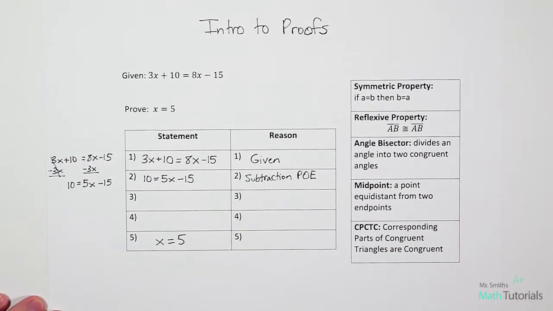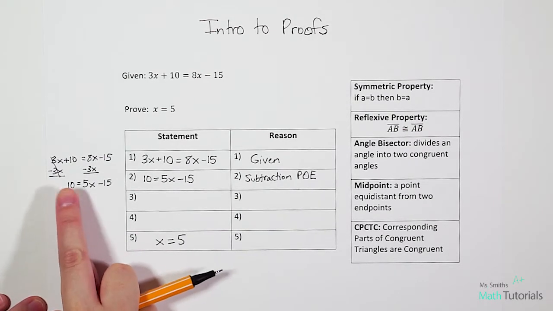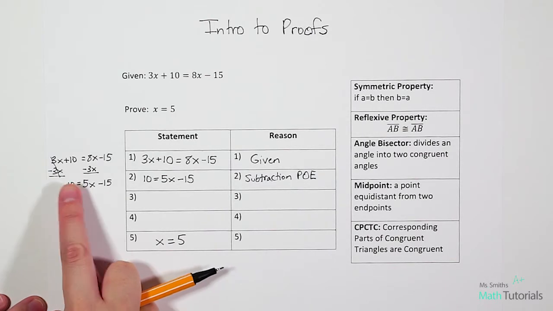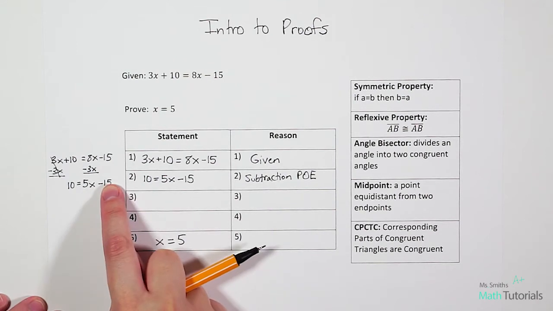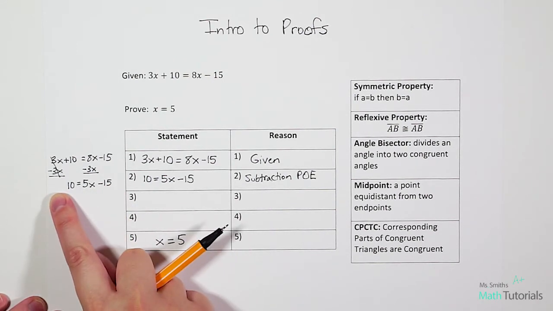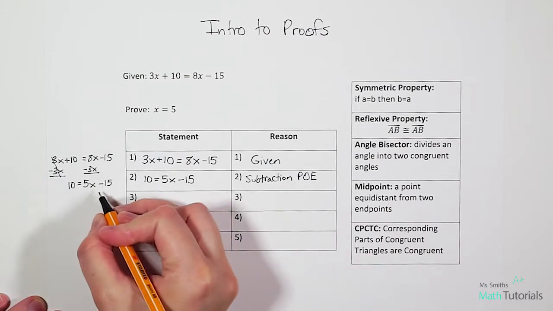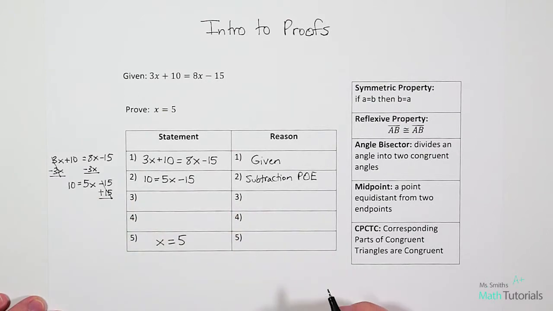So let's continue our steps. Jumping back over to our problem with the work. I've gotten my x's together. Now I want to get my constants together. Since I've already moved the x over to the right, I'm going to move my constant over to the left. That means this is a minus 15. I'm going to add 15 so that it cancels on that side.